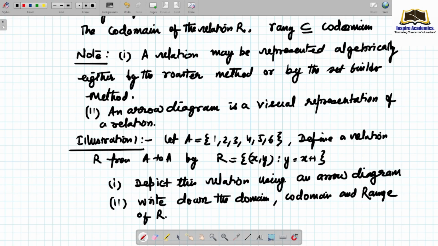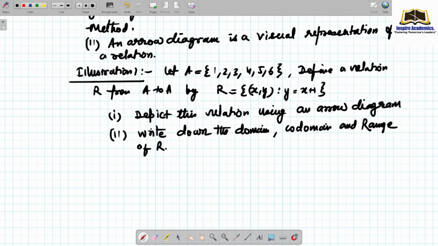Let us try to understand this. So let us see what the definition of my relation is. My relation is defined as R, which is x comma y, an ordered pair such that y is x plus 1.